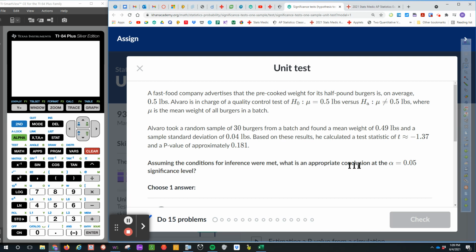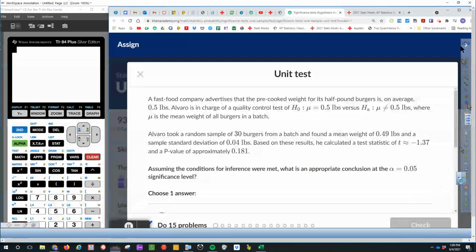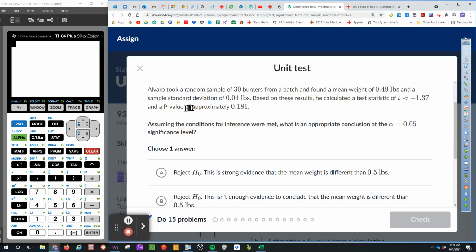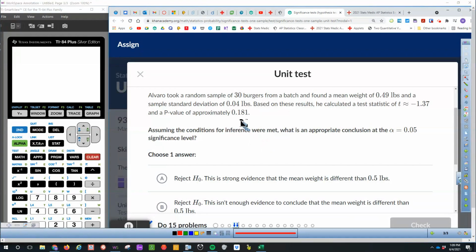What is an appropriate conclusion at an alpha of 0.05? We need to know that if your p-value is less than 0.05, then you will reject H naught. Here, 0.181 is more than 0.05.